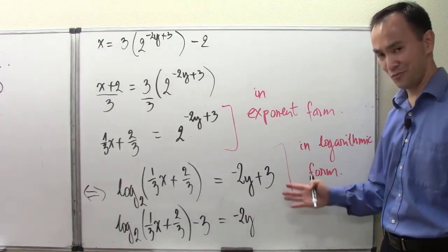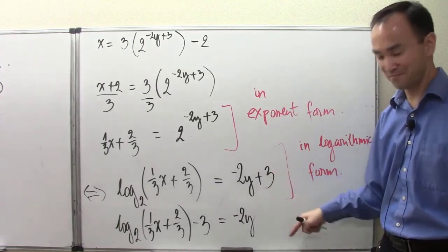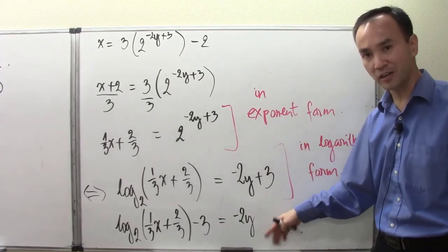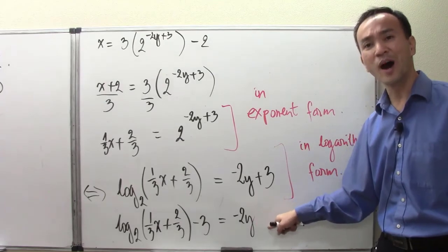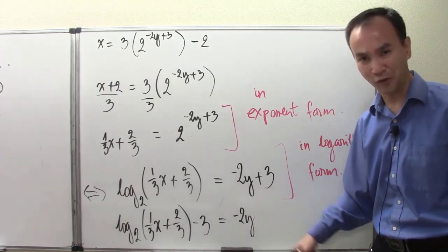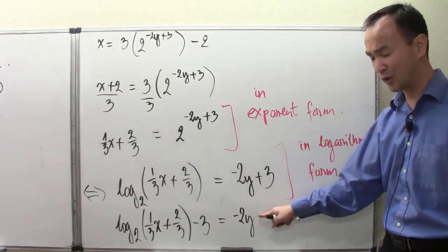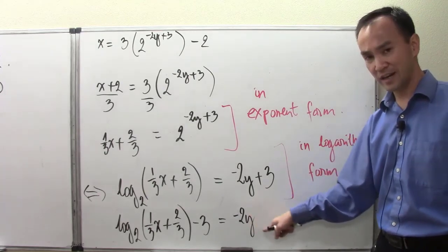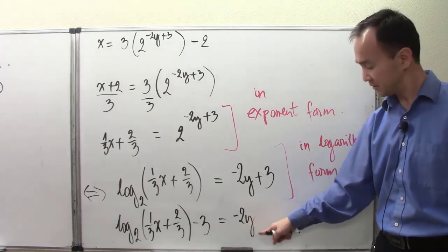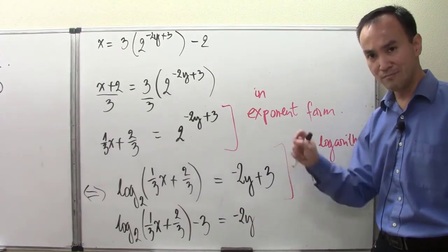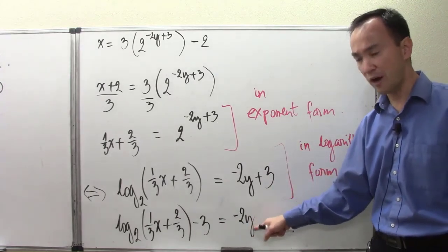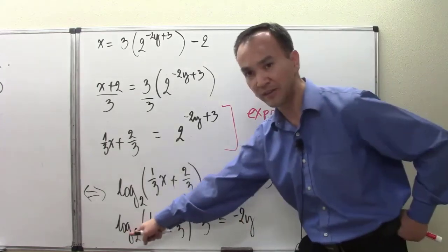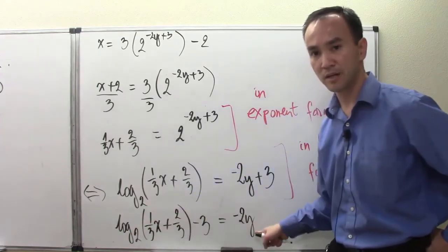In every step we keep getting rid of some operation on the right hand side, on the y side, the side that has the y variable that we're aiming at solving for. Now we're so close to a victory. On the right hand side we only have one operation left, y multiplied with minus 2, the multiplication. So the action we need to take to solve for y is, in the next step, divide both sides by minus 2.